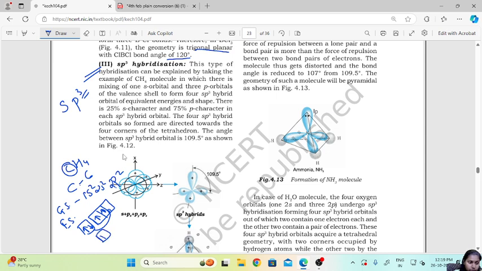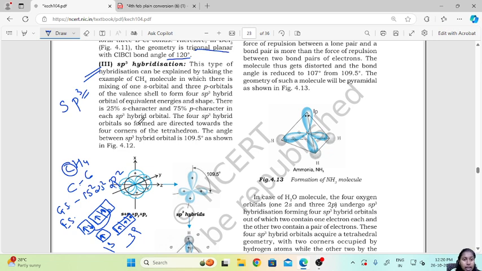The one s orbital and three p orbitals are hybridized to form sp3 hybrid orbitals. So in total, how many will there be? There will be 4 sp3 hybrid orbitals: 1, 2, 3 and 4, from 1s and 3p.